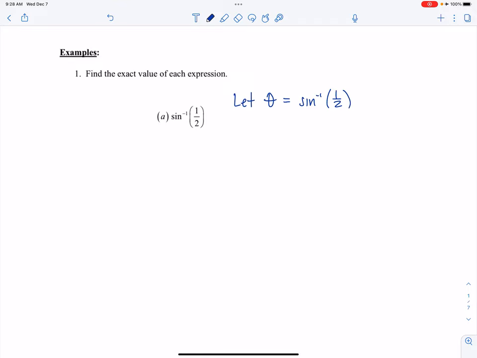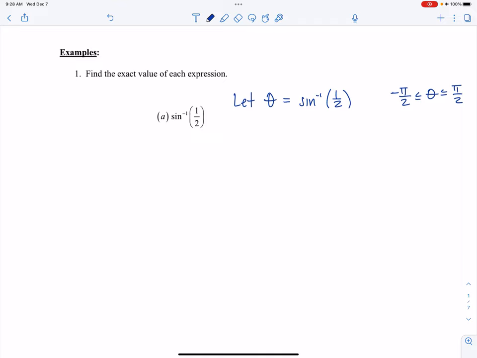Usually we have sine of theta, right? Theta is the thing that we're plugging into our sine, but this time it's our inverse. So instead of putting in theta, we're getting out theta. And one thing to note is that we are restricted, because we are going to be staying between negative pi over 2 and positive pi over 2.